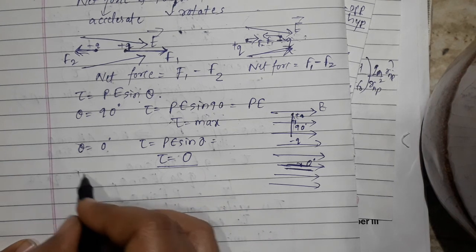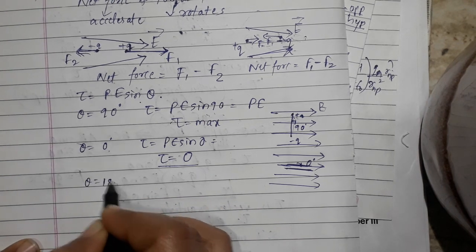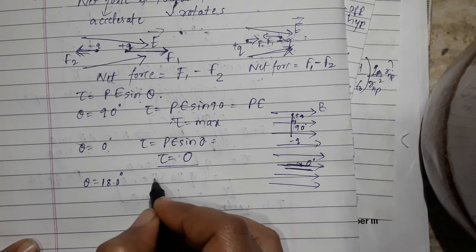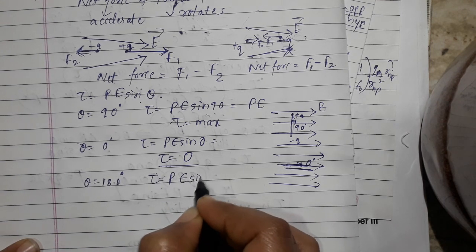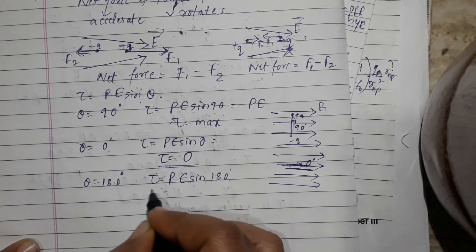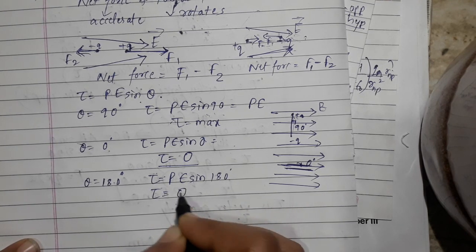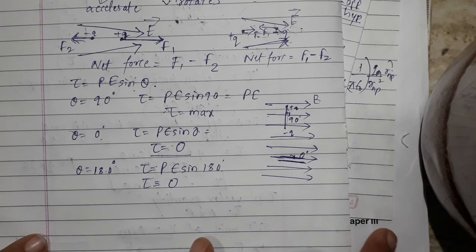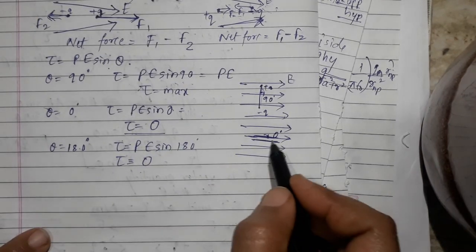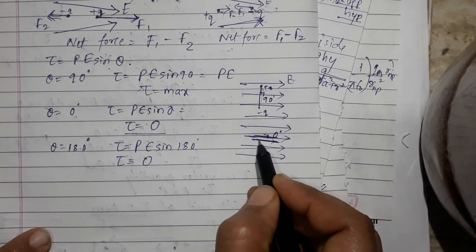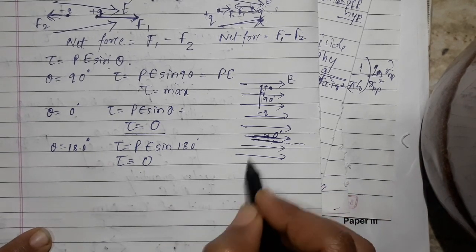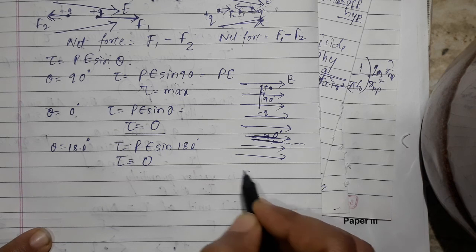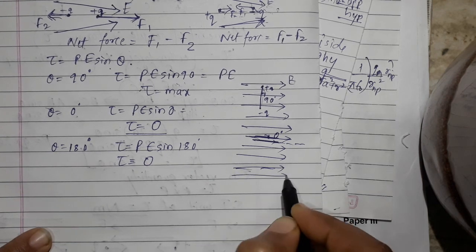When theta is equal to 180 degrees, tau is equal to PE sine 180. Sine 180 degrees is also 0, so tau is equal to 0. When the axis of the dipole is parallel to the electric field lines, at 180 degrees it is anti-parallel.